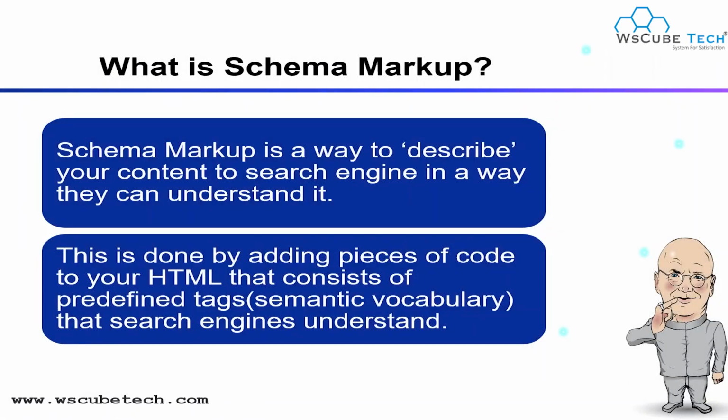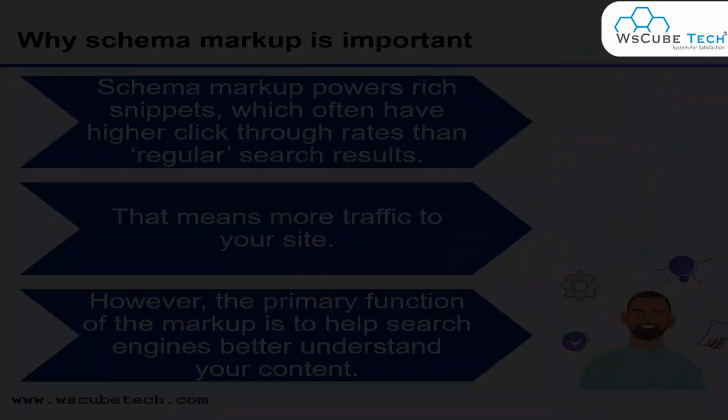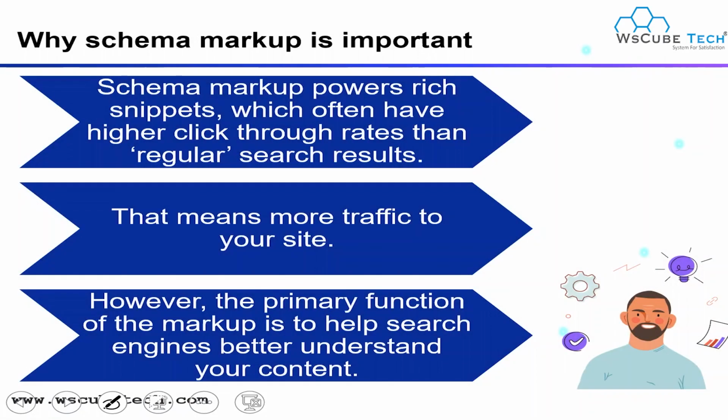Schema Markup is a way to describe your content to search engines in a way they can understand. This is done by adding a piece of code to your HTML that consists of predefined tags, or you can say semantic vocabulary that search engines understand. Now the question is why it is important. Schema Markup powers rich snippets which often have a higher click-through rate than regular search results.